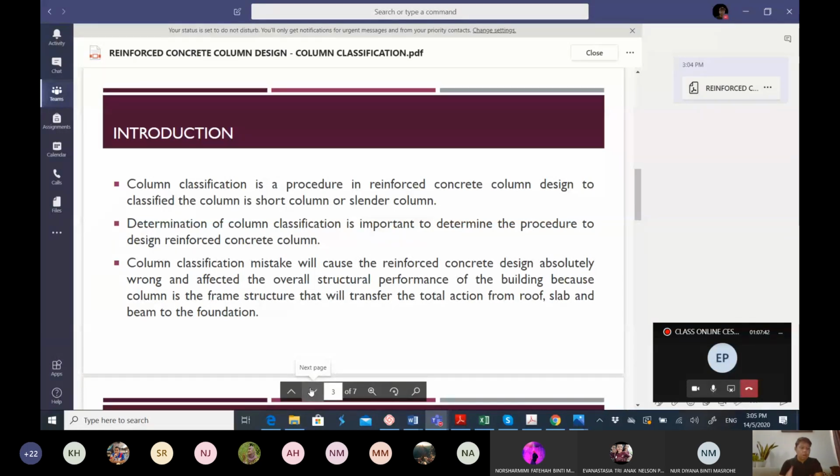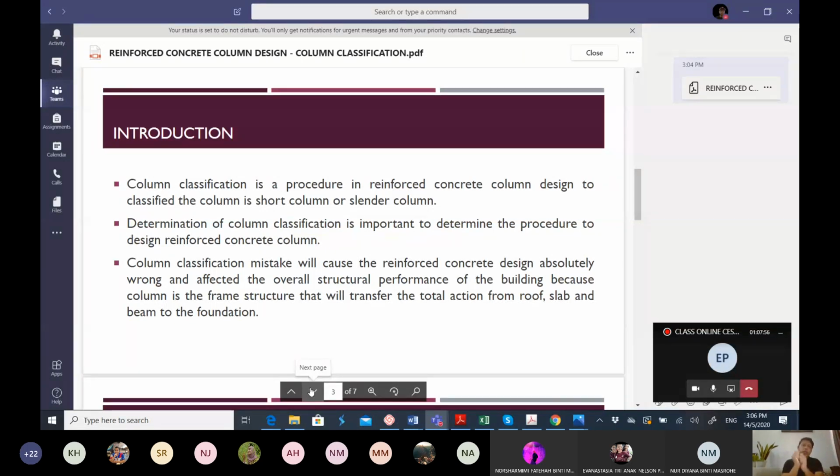Absolutely wrong, and there is no justification or mitigation plan. It's totally wrong and affects the overall structural performance of the building, because this is the main element that will support the building.